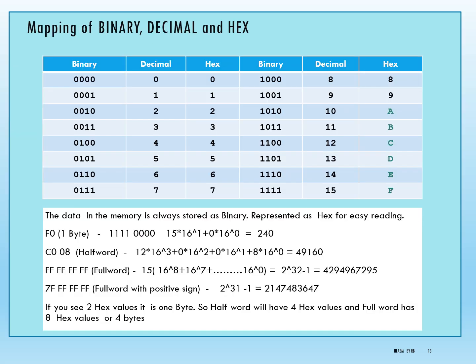Since we are going to use the hex notation a lot, let us understand a bit about binary, decimal, and hex. We all know what a decimal value is, 0, 1, 2 up to 15, and its binary values you have seen here. You all know 0000. I'm not going to spend a lot of time explaining how 7 became 0111.